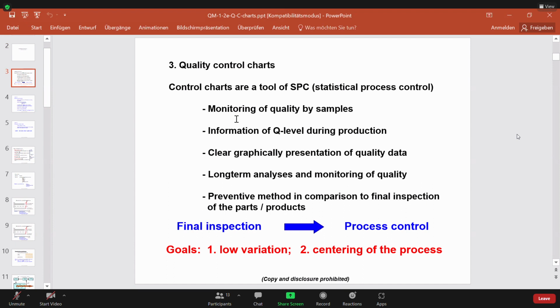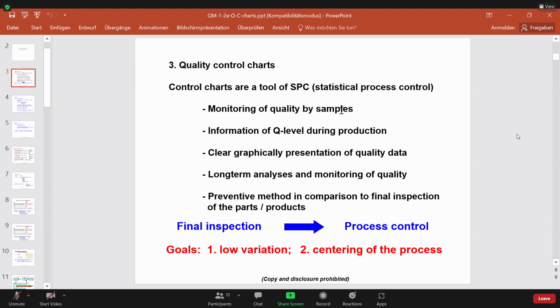There's no rule how often you take the samples out of the production. This is depending on the experience of the company. In most companies, they take a sample one time a shift, or two times a shift.